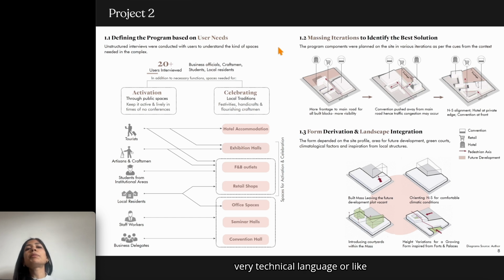However, rather than adopting a very technical language or giving an Excel sheet, which is how you would usually present an area program, I tried to depict it through my user-centered approach and how I derived it by talking to actual users, the people who are going to be using the site, and then assessing the different kinds of users that would be visiting the complex, which would be tourists, artisans, craftsmen, and all of those people who I anticipate would be coming to the final designed complex, and what kind of spaces they would require.